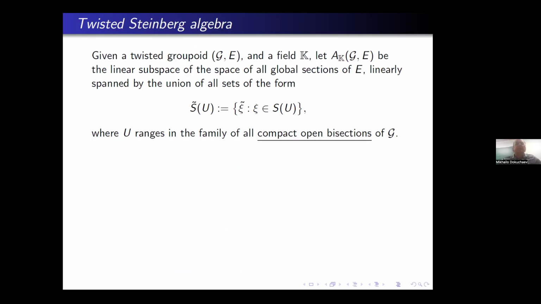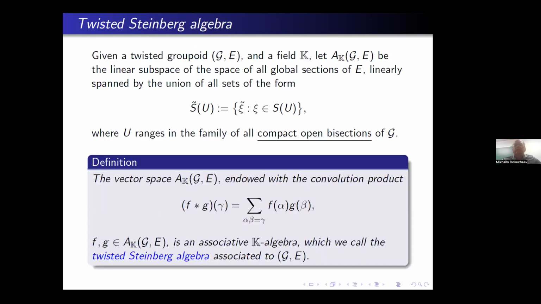Now, given a twisted groupoid, we denote by the Steinberg algebra the linear subspace of all global sections, right?